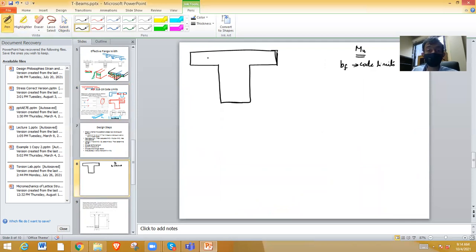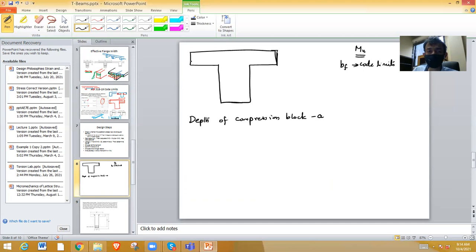If this is your T-beam, the first thing is you need to write your equilibrium equation. In the T-beam, we don't know exactly what the depth of the compression block a is beforehand.